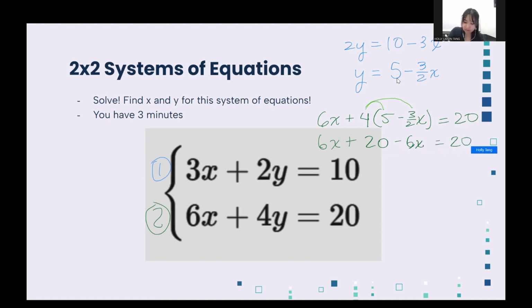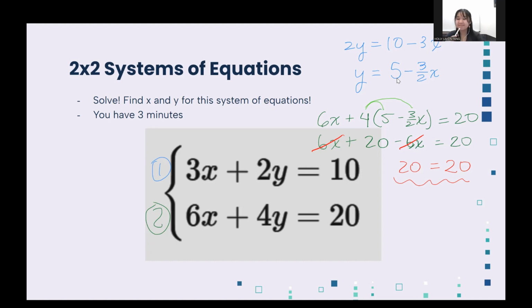All right, so now we have 6x minus 6x, which goes to 0. Those two terms go to 0, and then we get 20 is equal to 20. When we get constants that are the same, which of the two cases do we have? It's infinitely many solutions.